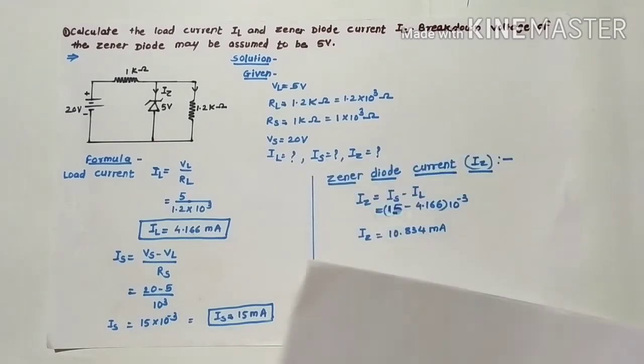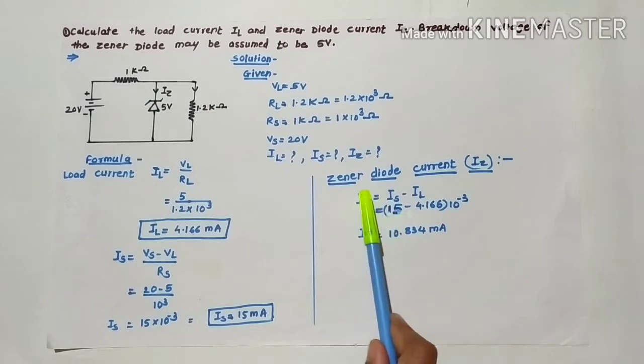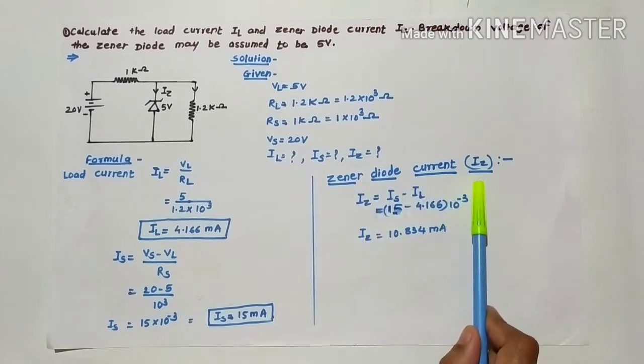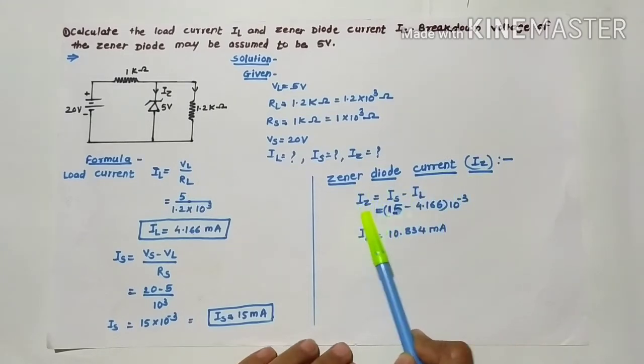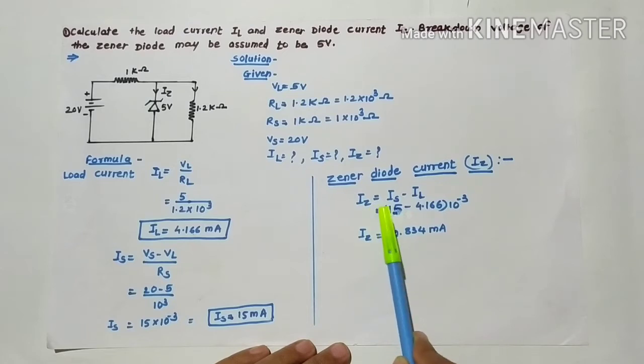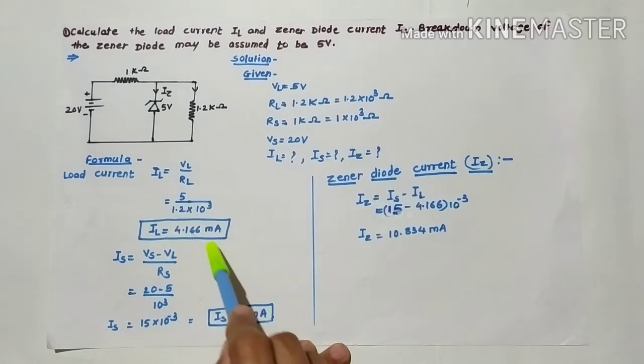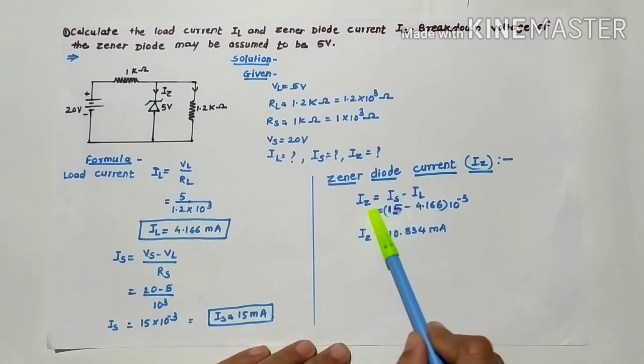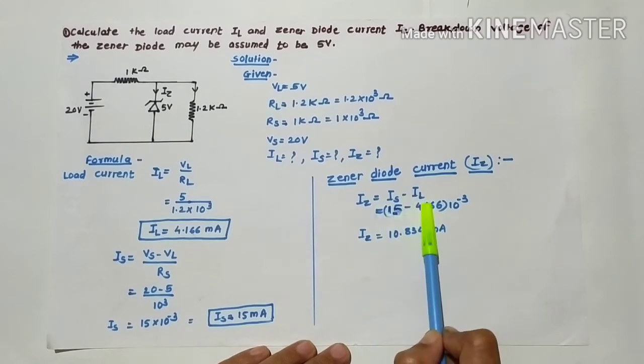Now we have to find the Zener diode current, that is IZ equal to IS minus IL. For this formula we have to calculate both these terms. So IZ is equal to IS minus IL.